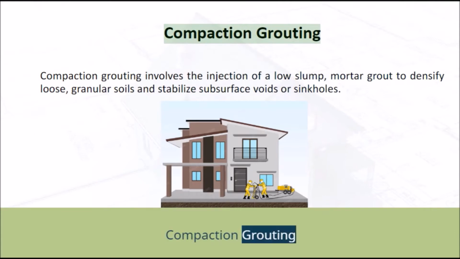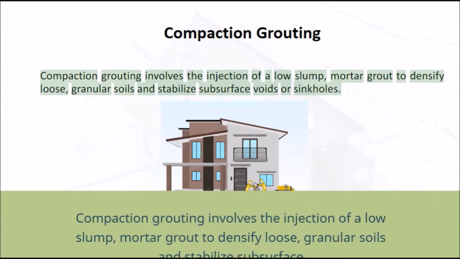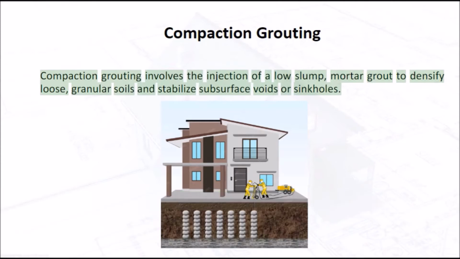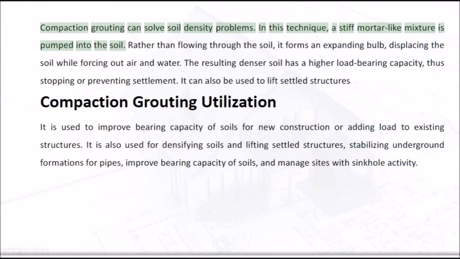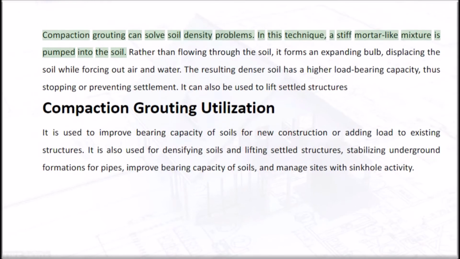Compaction grouting. Compaction grouting involves the injection of a low-slump, mortar grout to densify loose, granular soils and stabilize subsurface voids or sinkholes. Compaction grouting can solve soil density problems. In this technique, a stiff mortar-like mixture is pumped into the soil.